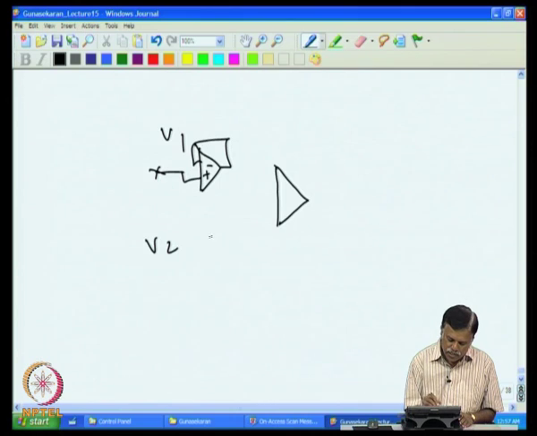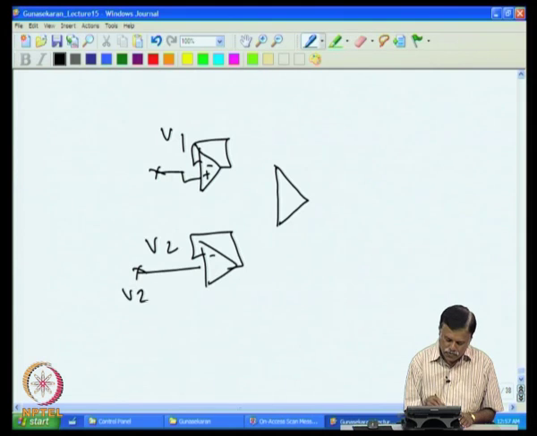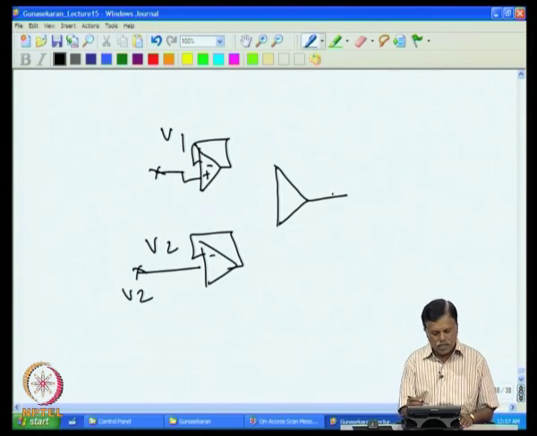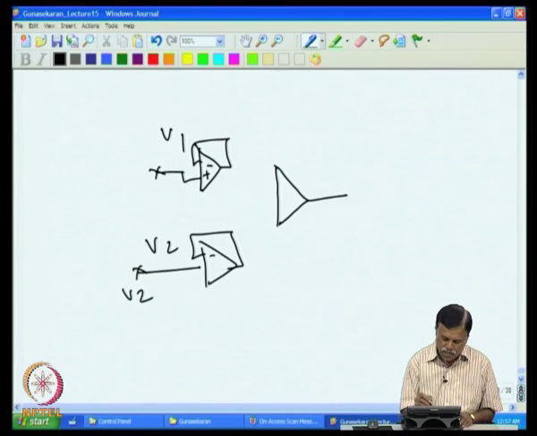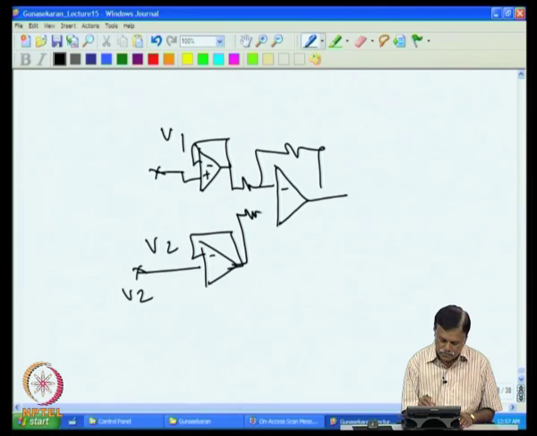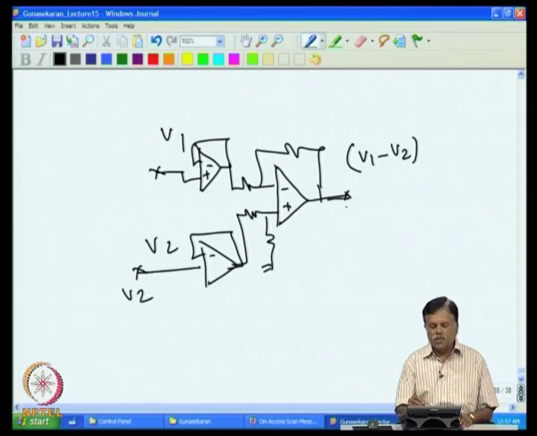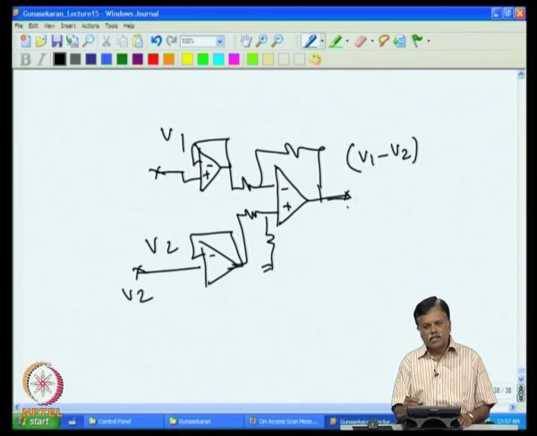So, this is V1 and then I have V2. The difference in voltage can be obtained with a difference amplifier. So, you will get here V1 minus V2. So, this voltage represents the displacement.